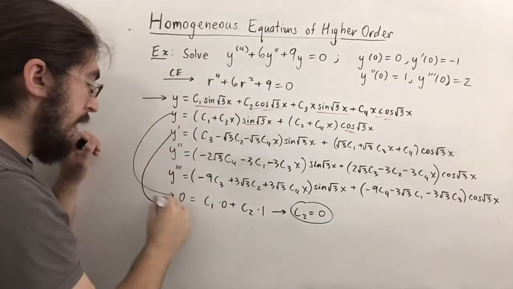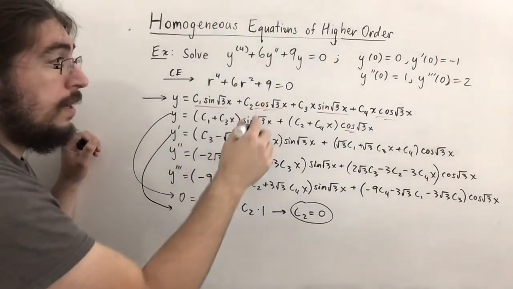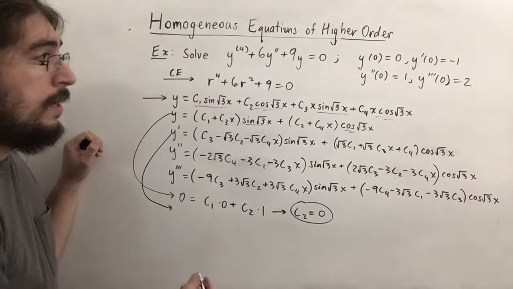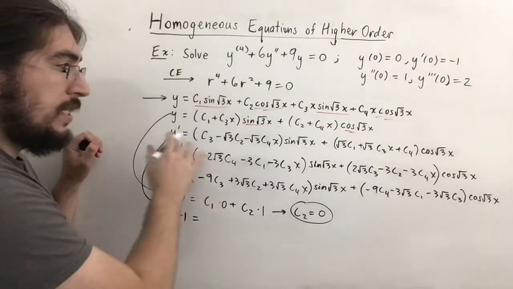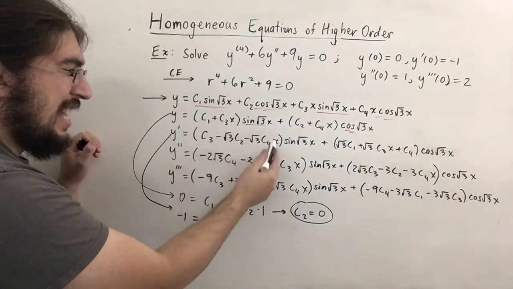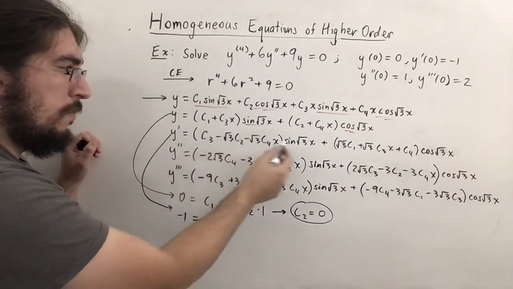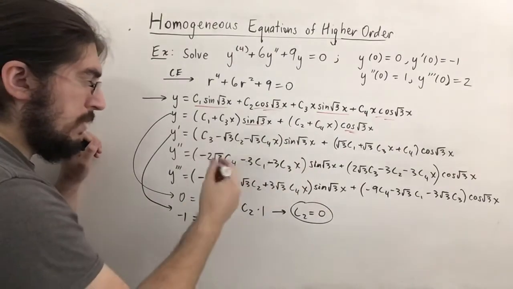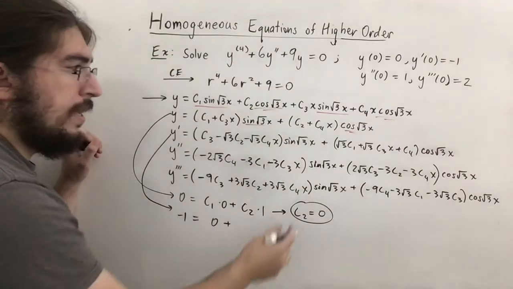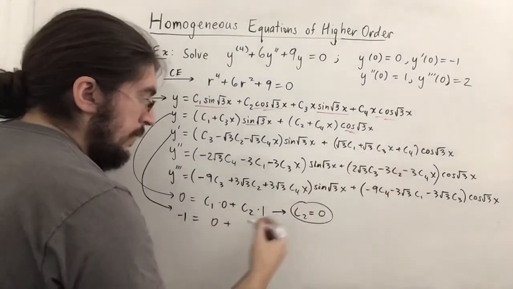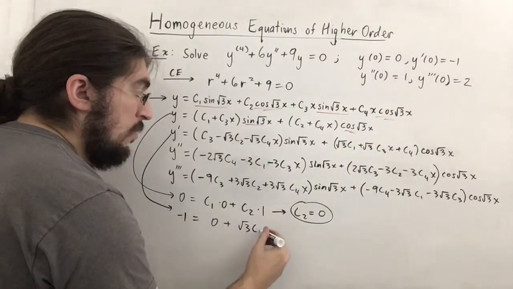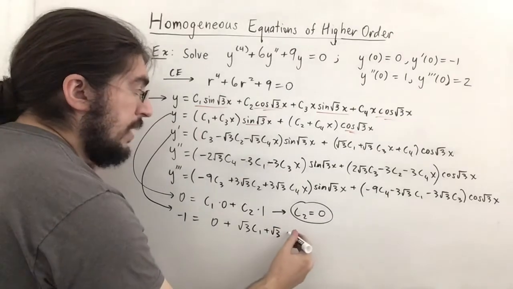Awesome, so we get something from the first initial condition right away. What about y prime? When x is 0, y prime is negative 1. Replacing all x's with 0, that goes to 0, so we're left with this term, but since sine is 0, the first term blows up to 0 anyways. Here, we'll get that times 1. When x is 0, we end up getting radical 3 c1 plus radical 3.